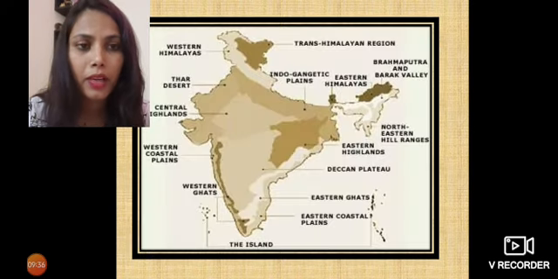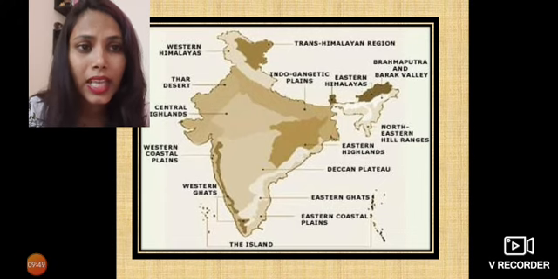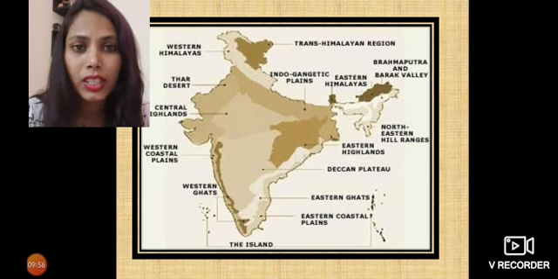Again, in the map, I have tried to incorporate many maps so that you get a clear idea what we are talking about. Now see in the map here, in the north, Western Himalayas is written, Trans-Himalayan region is written, Eastern Himalayas is written, so that is the Himalayan region. Then Indo-Gangetic is clearly given there. Thar Desert is given in the west of India. Then you will find Central Highlands to the south of Thar Desert.